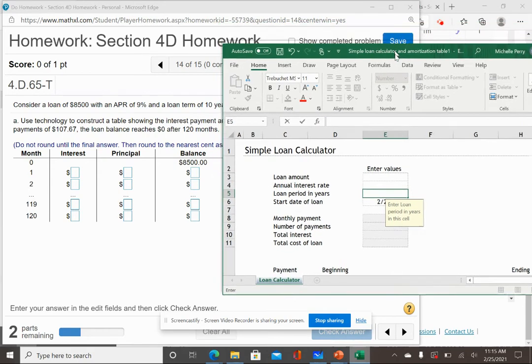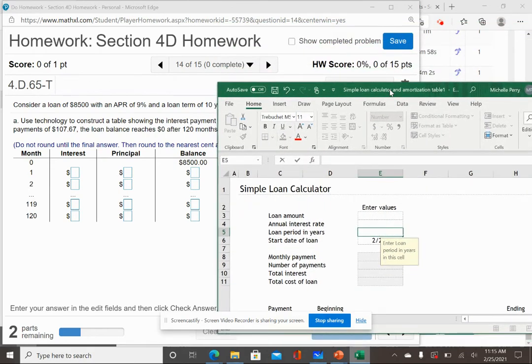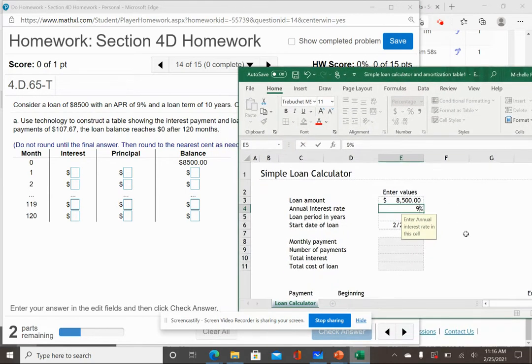And it's as easy as going in and supplying the loan amount, which is our principal loan amount, which in this case is $8,500. Insert the annual percentage rate, or APR, which in this case is 9%. Enter your loan term in years, which in this case is 10 years.